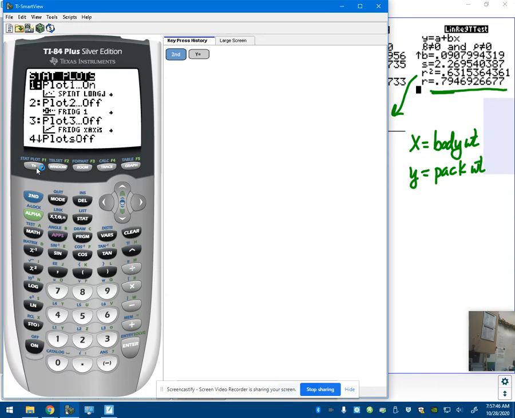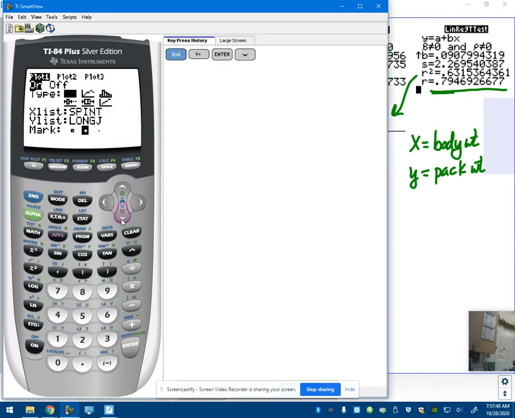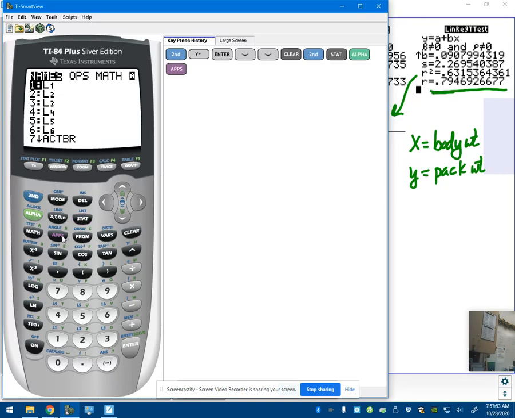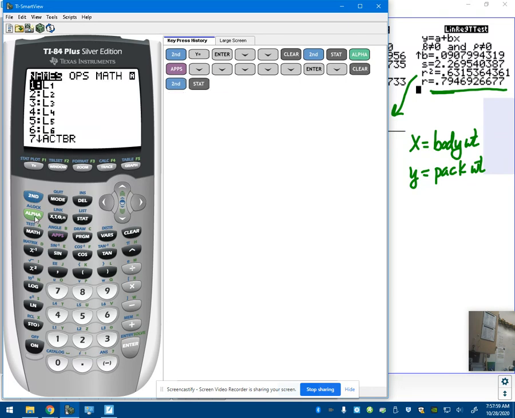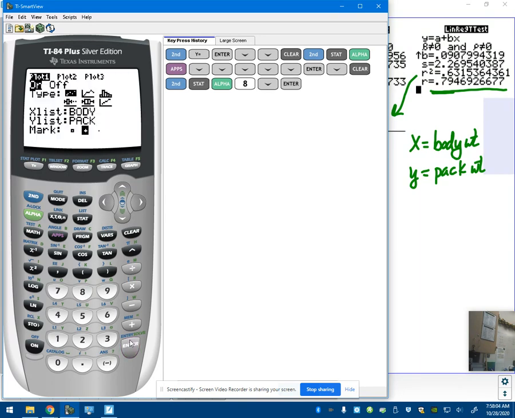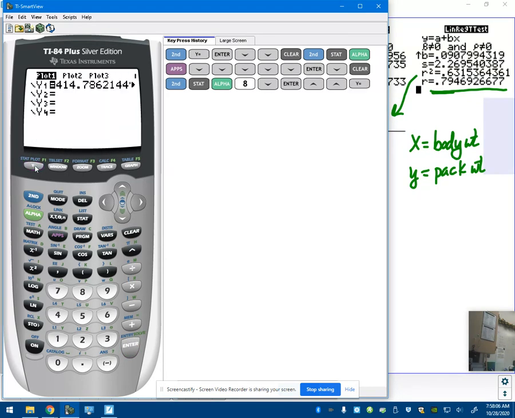So if I was doing body and pack, which I don't have up here, but I will shortly. I know you can't really see what you need to see. I will get that. And hit y equal, get rid of that.